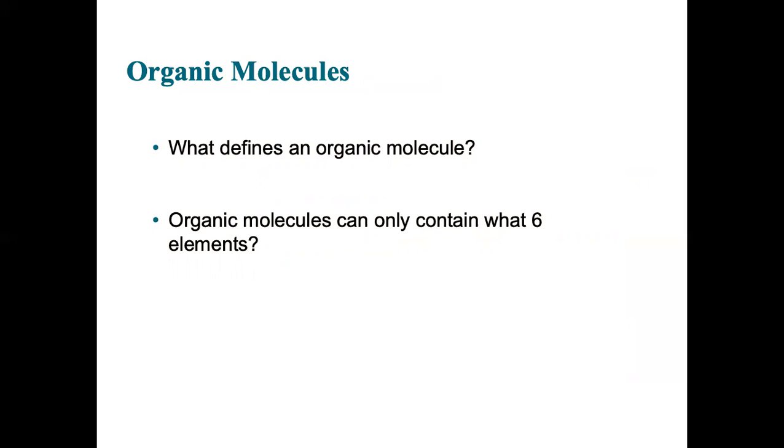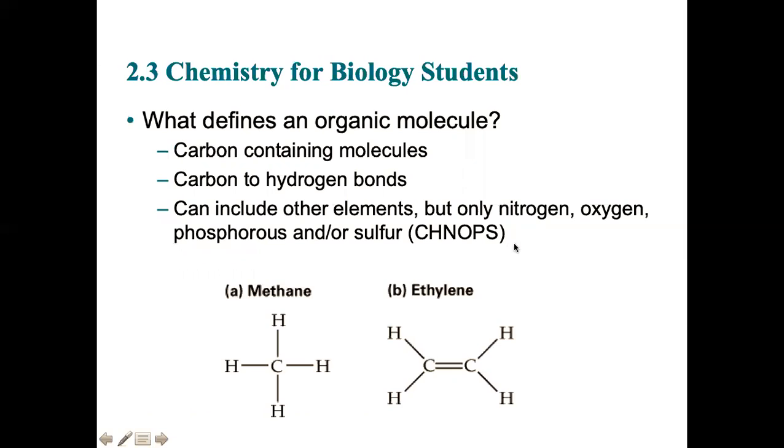So we're going to start with organic molecules, because macromolecules are organic. And what does organic mean? In biology and chemistry, organic means something very specific. It means that it has what we call a carbon hydrogen bond. You have to have those carbon hydrogen bonds in order to be an organic molecule.